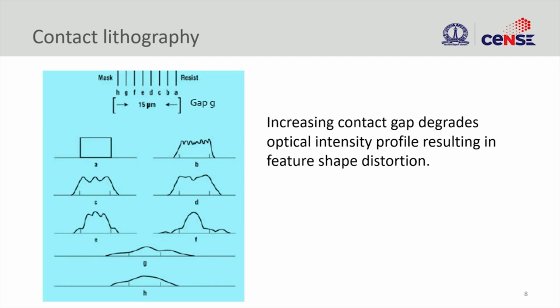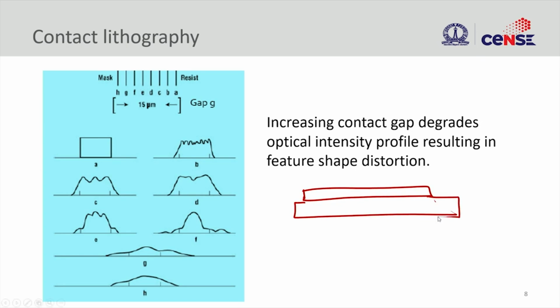So the gap between the mask and the wafer, as I mentioned, should be 0, but you can always have some non-uniformity while fabricating on a large wafer.